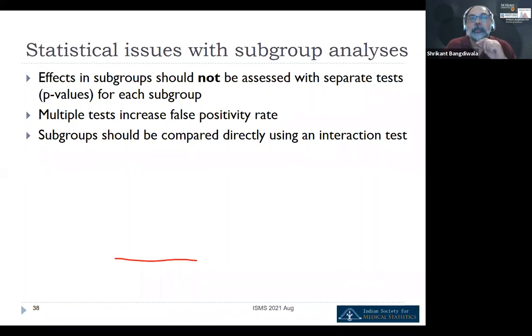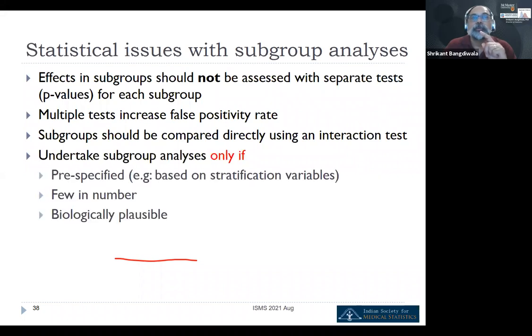Okay. Now, you should only do these if you have pre-specified it. So it's not post hoc ones. You have to do it pre-specified. So you have to put that in your protocol. It's ideal that it's only a few, and that you have some reason for doing it. You don't just do it on people's zodiac symbol or whatever, religion or something.